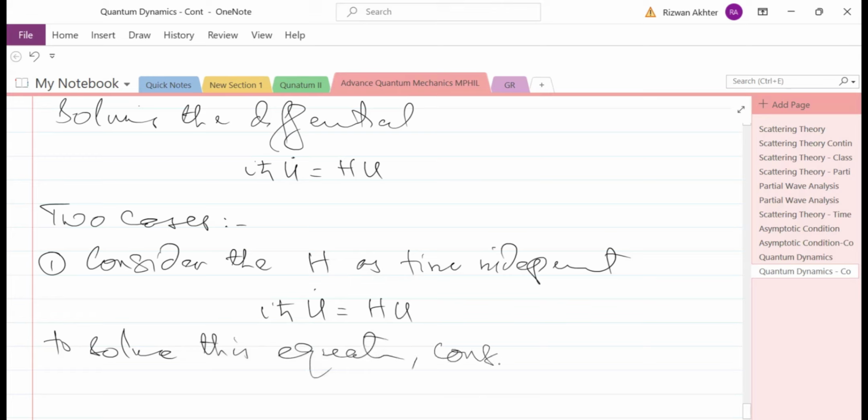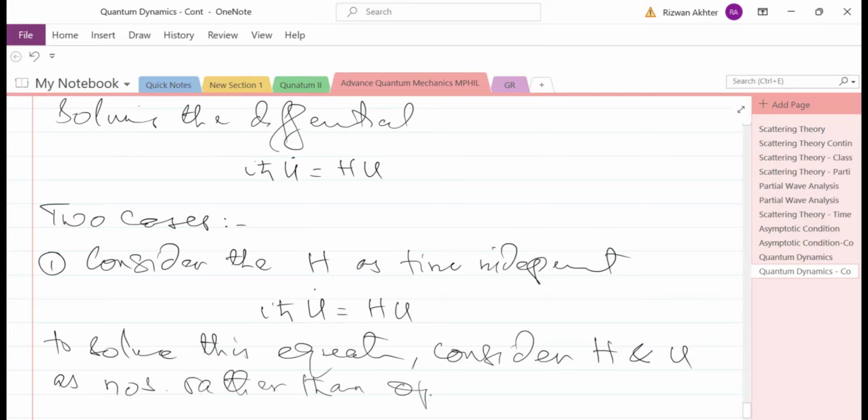To solve this equation, consider the Hamiltonian and u as numbers rather than operators or matrices.